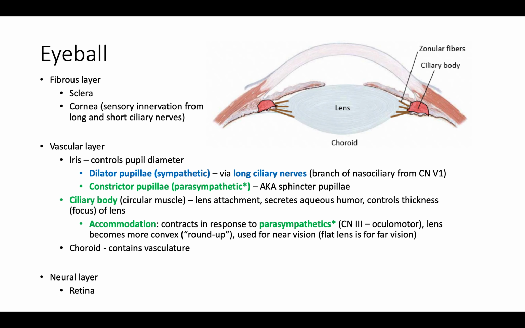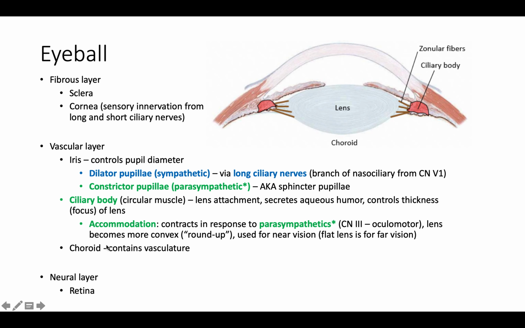And then also when you're in the dark, let's say driving at night, you have to have greater accommodation. And so that's what the ciliary body does. And it's constricting in response to the parasympathetics, which is coming from cranial nerve 3. And it's becoming convex, as we had said, and it's used for near vision.